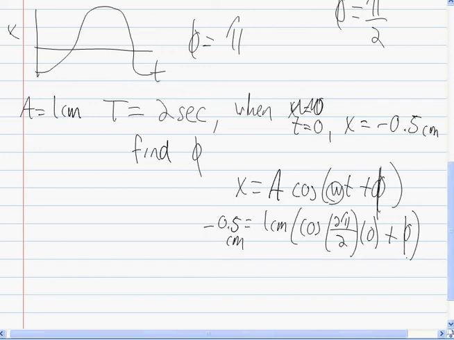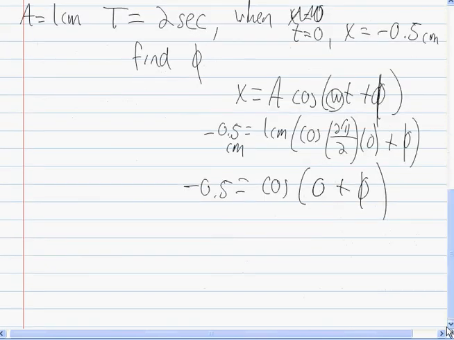So I divide those out. This becomes negative 0.5 divided by 1, that's just negative 0.5. So negative 0.5 equals the cosine of 0 plus phi. Well, that means that the cosine of phi equals negative 0.5.